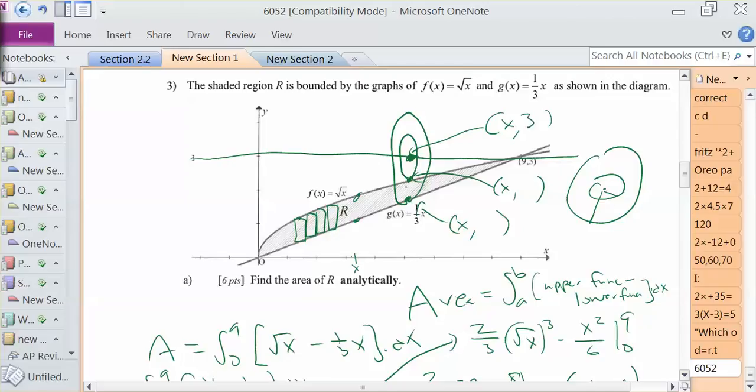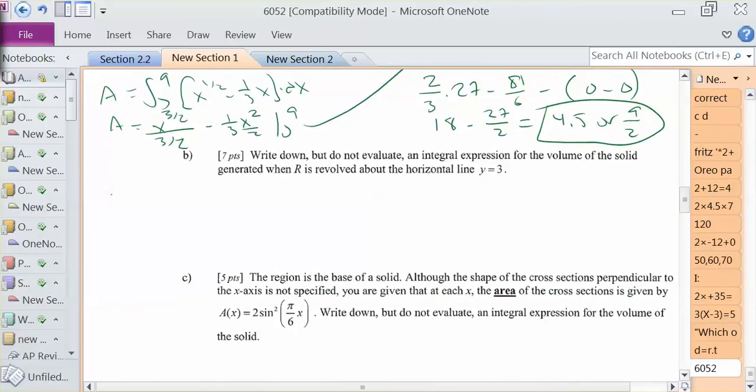The y coordinate for the inner radius is determined by the function root x. We'll say root x is what y is going to equal, right? Because it's on the graph y equals root x. And y equals 1/3 x for that one. So it's pretty clear that my outer radius is 3 minus that bottom function.